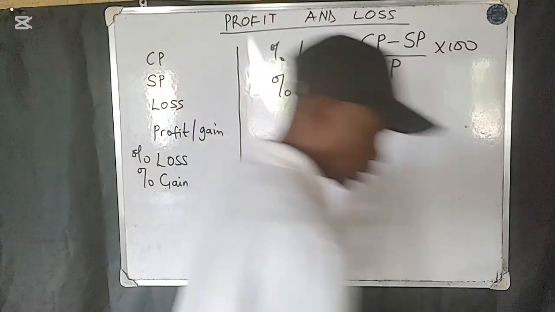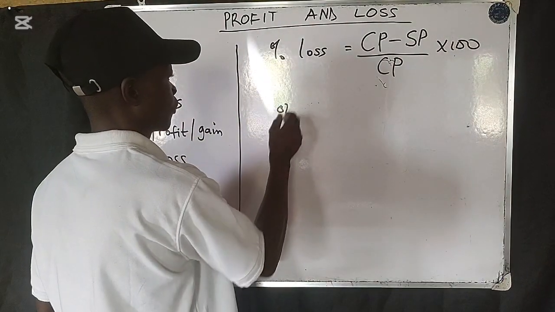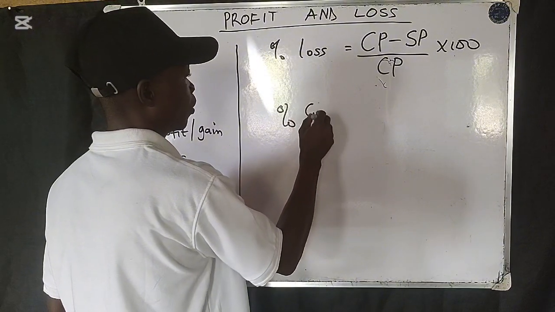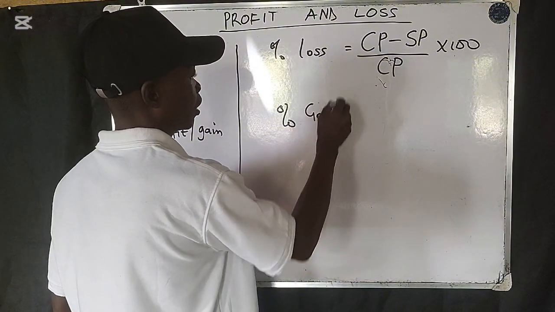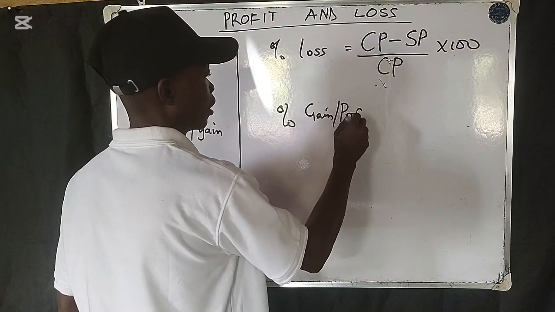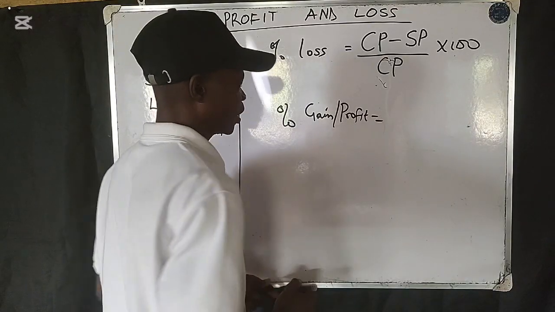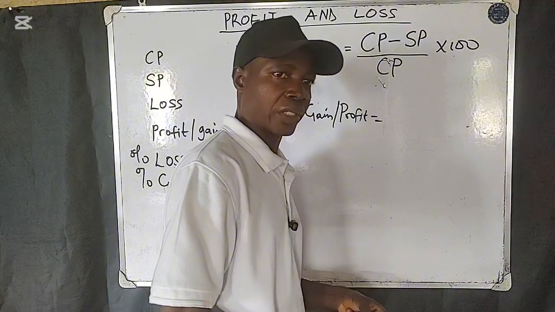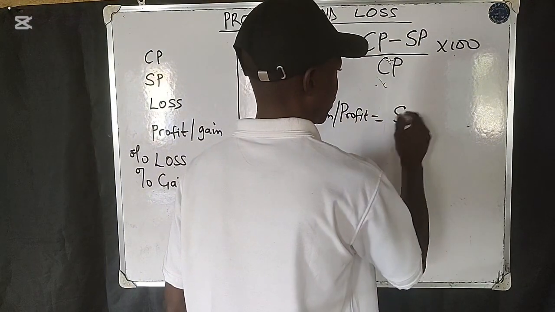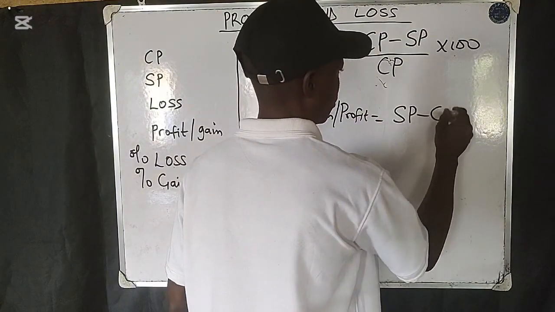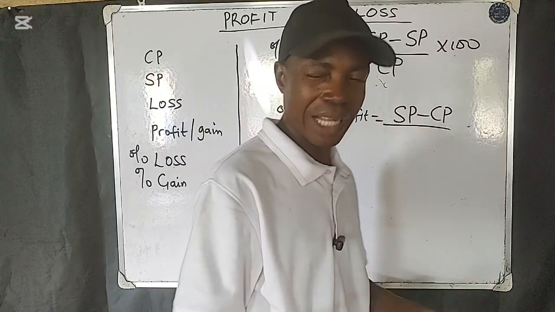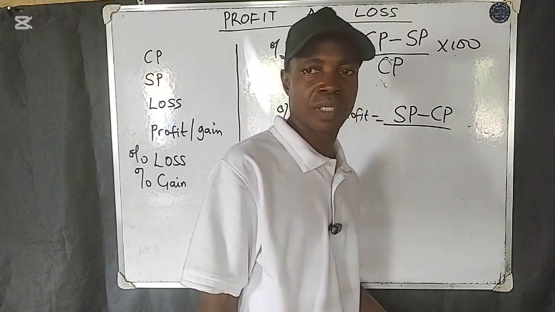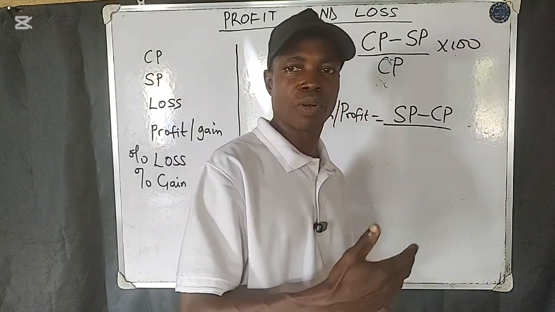Then for this other one, percentage gain or profit, if there is a gain, that means the selling price is more than the cost price, right? So in that case, SP will come first. SP minus CP. You must buy something before you sell. Whatever happens first will be your denominator.